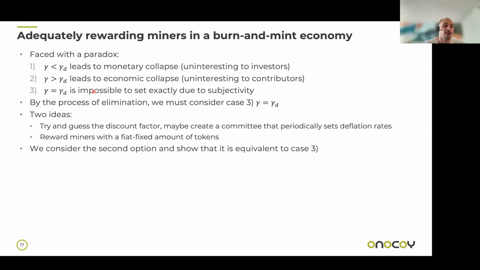But honestly, that gets a little silly. So that was the first idea. Let's have our committee do it. We have a commission actually in Onocoy that sets rewards.